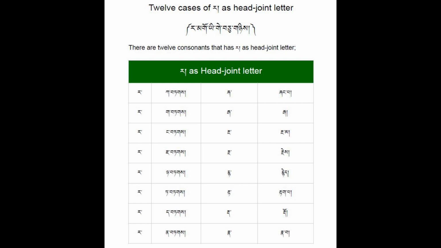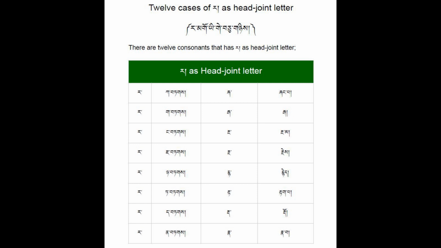The difference between the subjoined letters and the head joint letter is that in these head joint letters, the actual head joint letter is pronounced first, and then the particular consonant which has that crown letter is pronounced later, followed by tak.